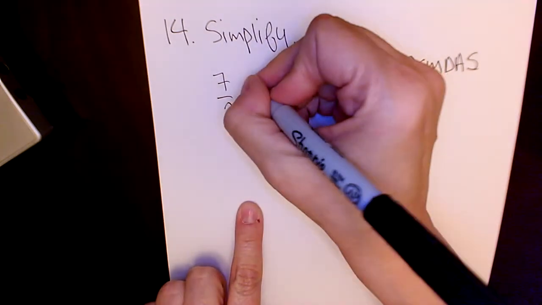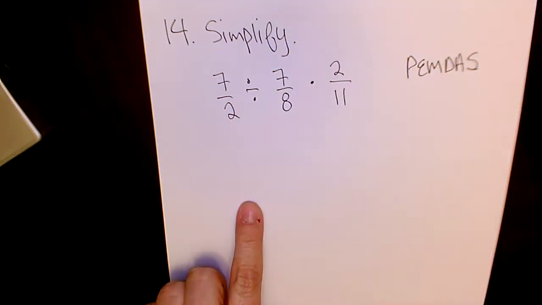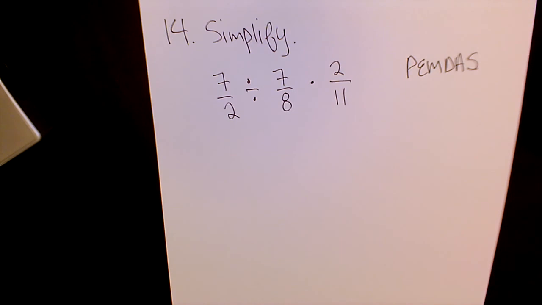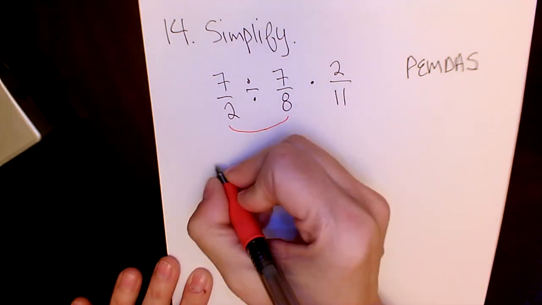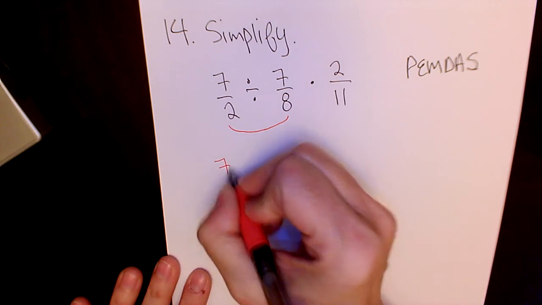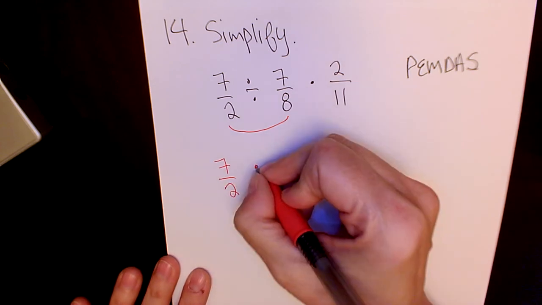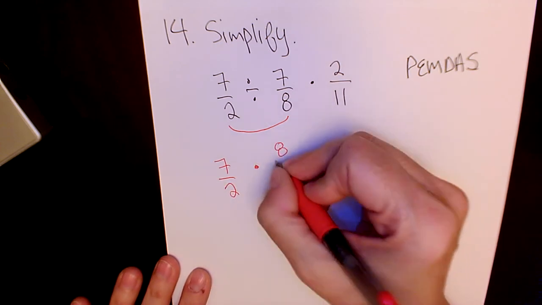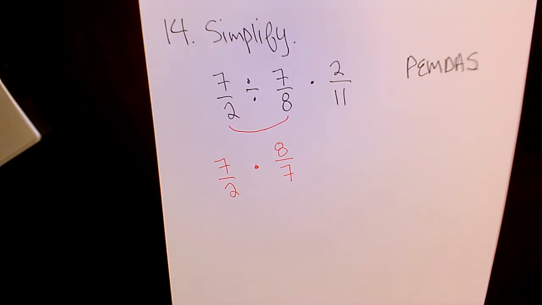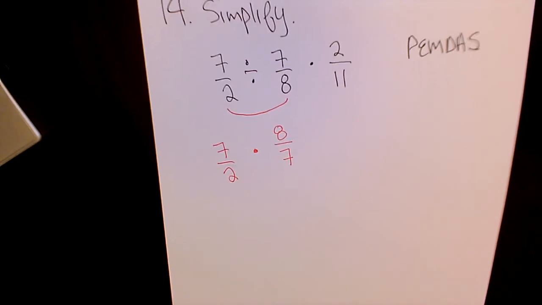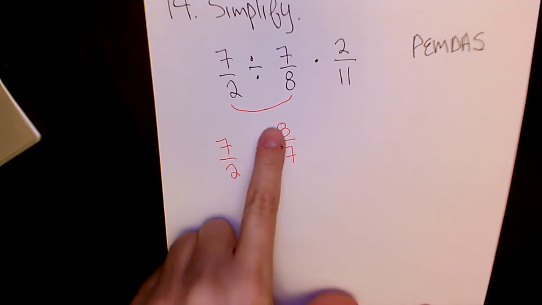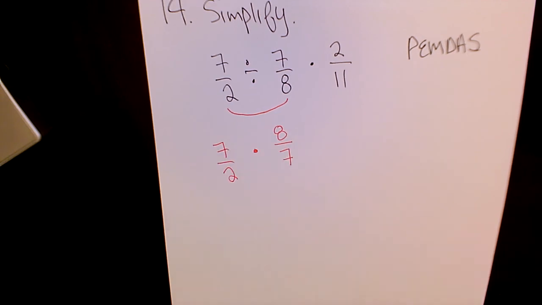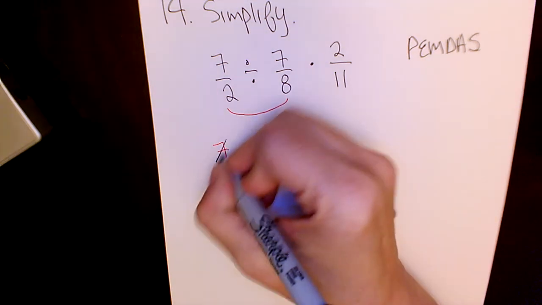So division comes before multiplication, going left to right, so I am going to divide this first. And remember, when I divide, it turns into multiplication, and I flip that 7/8 over to 8 over 7. And I look and see if there's anything top to bottom or diagonal I can cancel out, and the 7s go.